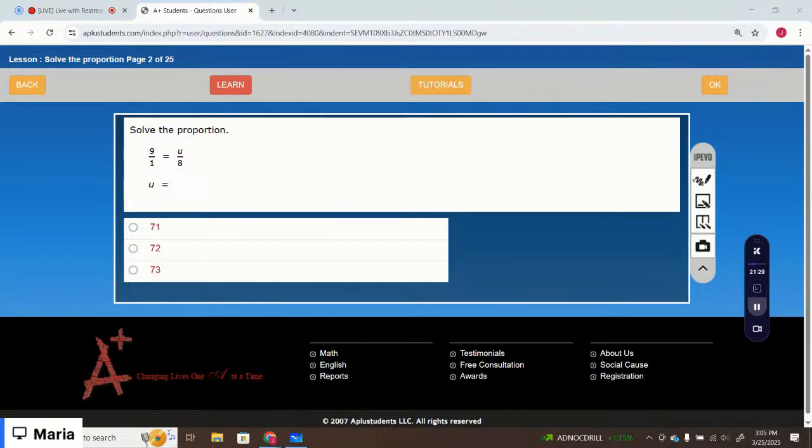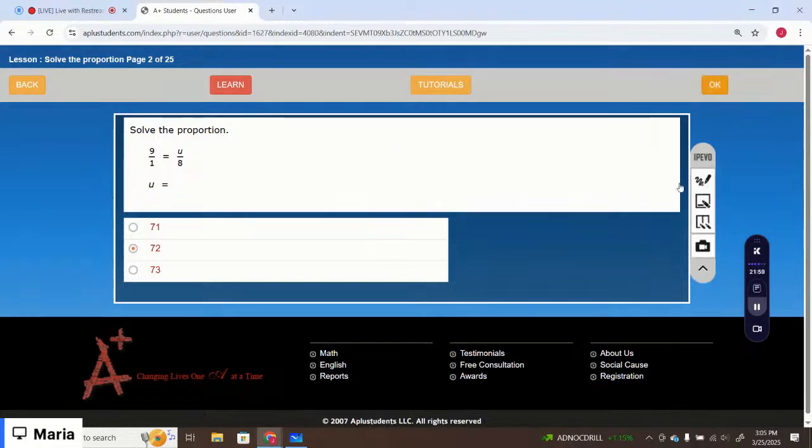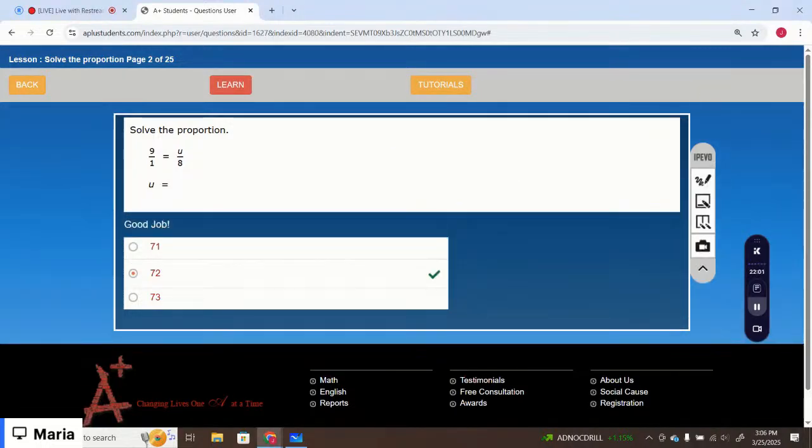So just solve using cross multiplication method. That is 9 times 8 equals u times 1. So u equals 9 times 8, which is 72. Option number 2 is the correct option. That is u equals 72.